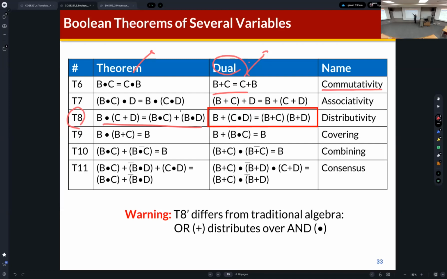We can find the distributivity for this OR gate and AND gate like this. So I believe you can easily understand this equation. Right? It's the same as the real algebra, but this equation is different. Why?